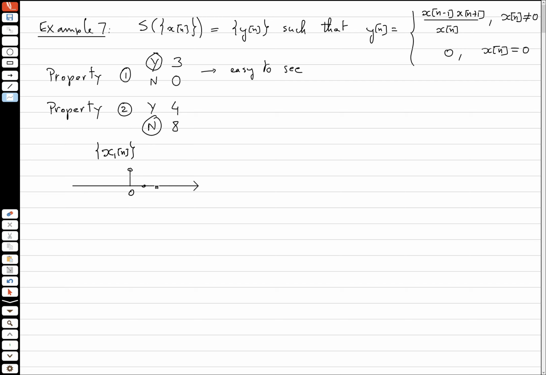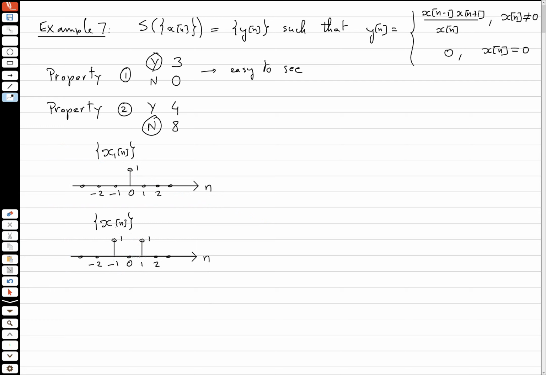like that, and take x2 of n like that. x2 of n.